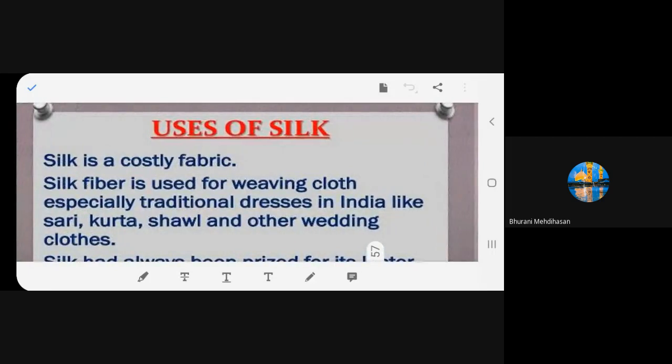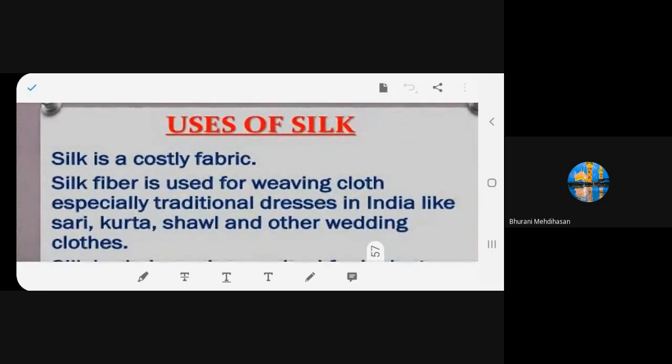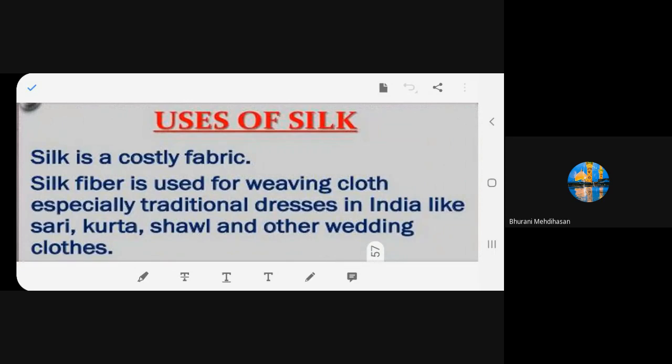Now we come to know by this slide the uses of silk. Please begin. Uses of silk. Silk is a costly fiber. Silk fiber is used for weaving cloth, especially traditional dress in India: sari, kurta, salwar, and other wedding clothes.